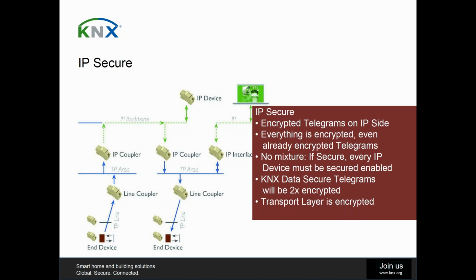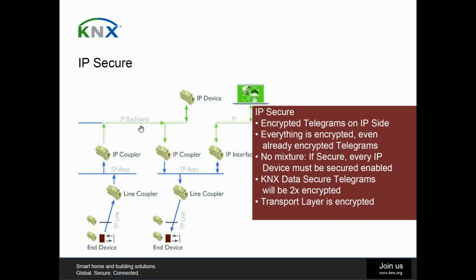And if you have already a KNX data secure telegram, for example, on your TP line, and this comes up to here where we have a secure router, then this telegram will be encrypted again. So the encrypted telegram will be encrypted again, and when decrypted, the resulting telegram still has the encryption of data secure in it.